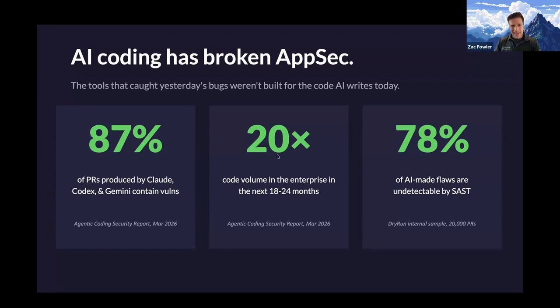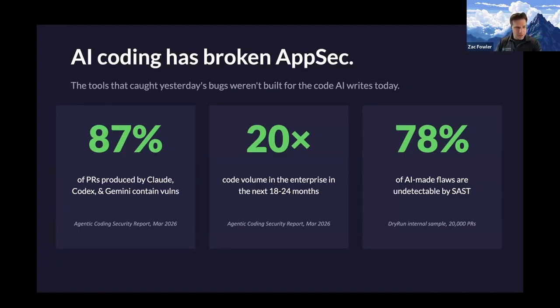We think 20 times the code volume in the enterprise is coming in the next 1.5 to 2 years. And 78% of those flaws, we think, are undetectable by SAST. That could be a pretty serious issue.